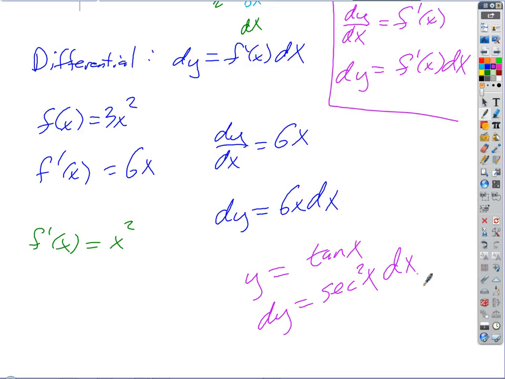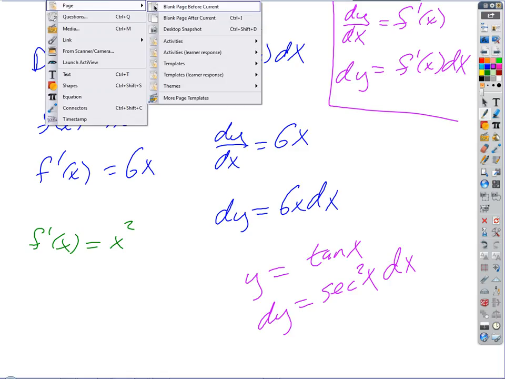We can even make it more complex. It could be a chain rule thing. So we can do something like this too. What if we've got y equals, I don't know, let's say we've got secant of 3x squared. So what's dy? Negative secant squared, 3x squared. Secant tangent. So we'd have.